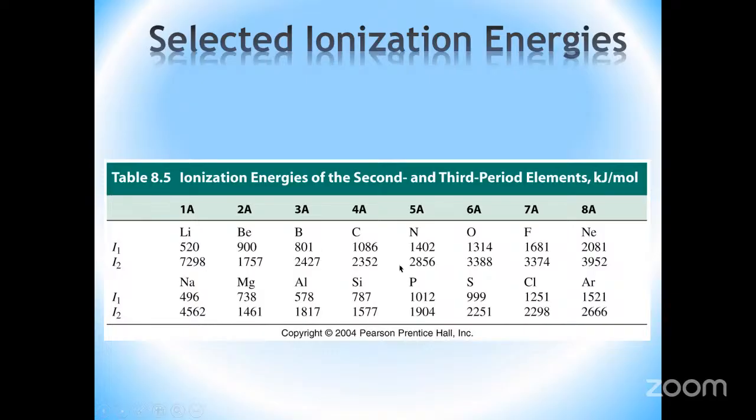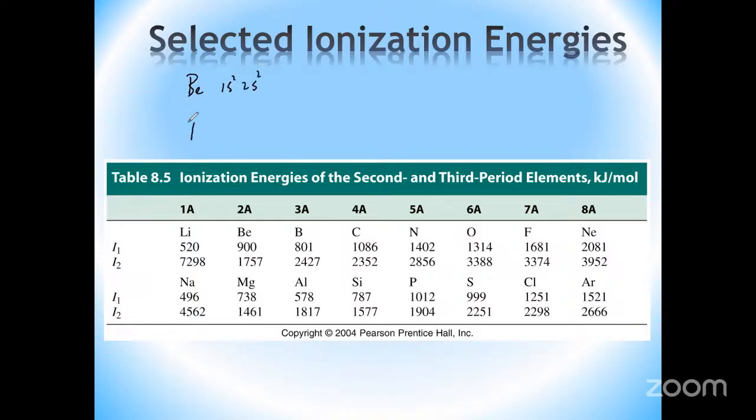Well, if you think about the electron configuration of beryllium compared to boron, beryllium has an electronic configuration of 1s2, 2s2, right?